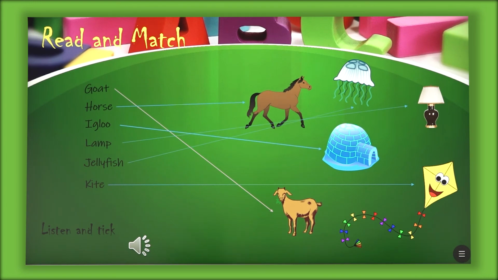So you have to tick letters L, H, J, and I. Well done.